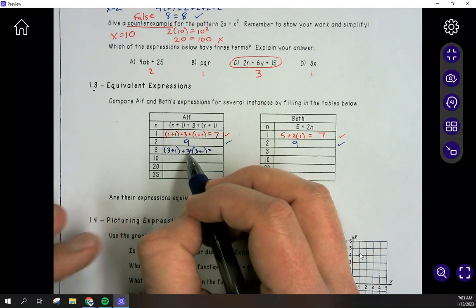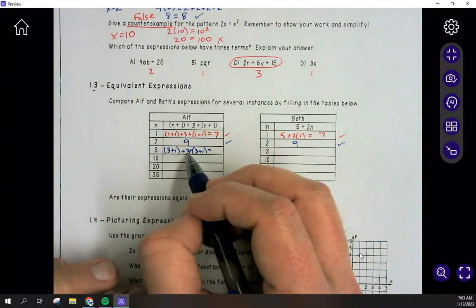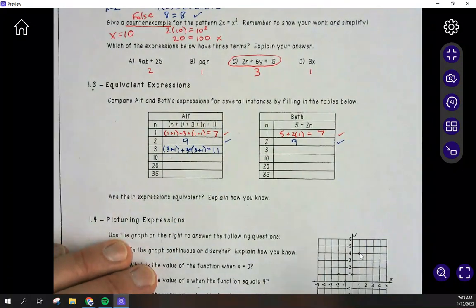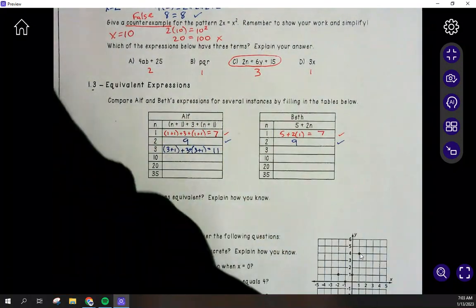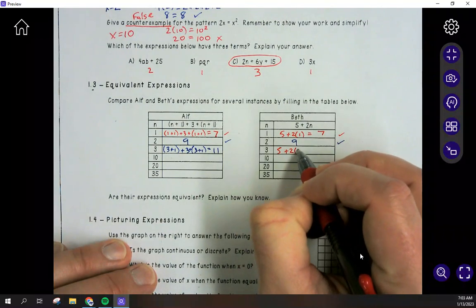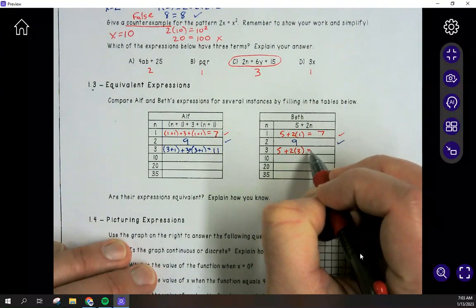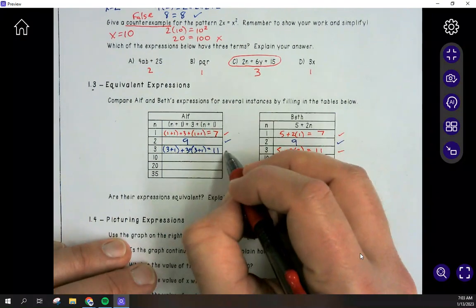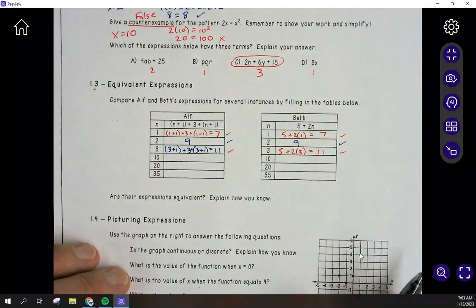That's why I was confusing myself there. 4 plus 3 is 7, plus another 4 is 11. And then as we slide over here, this is 5 plus 2 times 3. 2 times 3 is 6, plus 5 is 11. So it's starting to look like this is going to work.